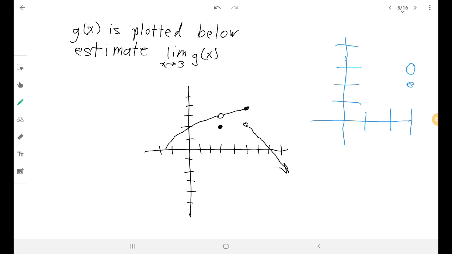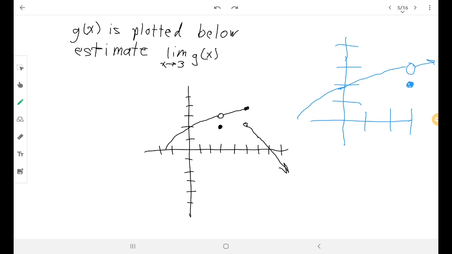At 3, 2, we've got the closed circle. And it looks like we're doing this, jump down, and then continue like that, right? And then this comes down to here. So that's the zoomed in version, where we're only looking at that much of it.